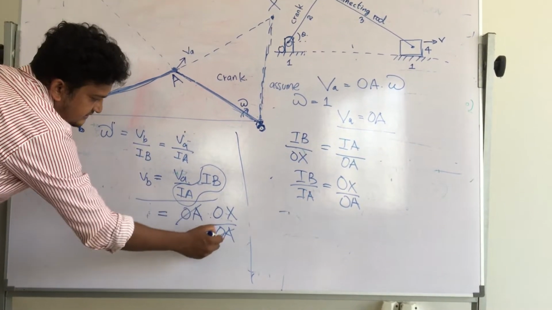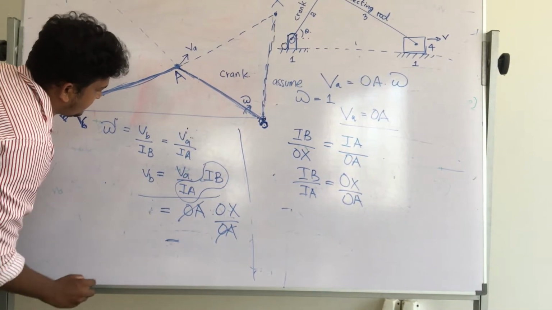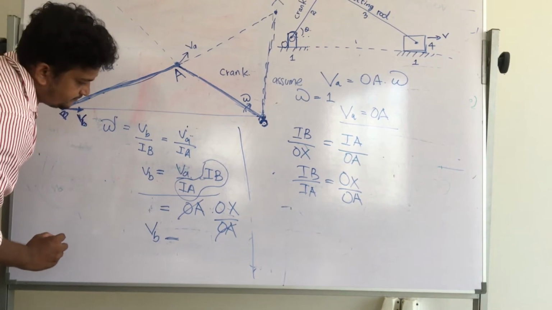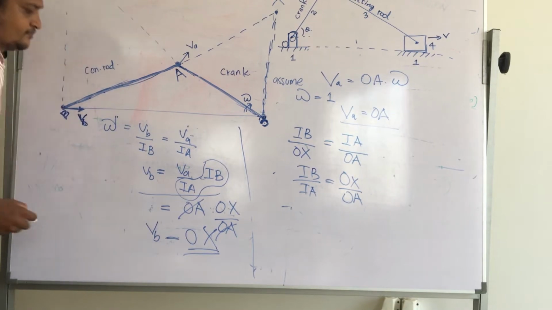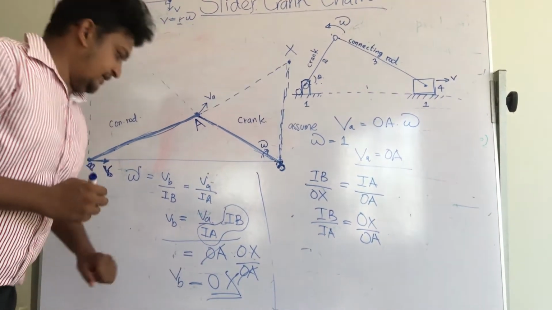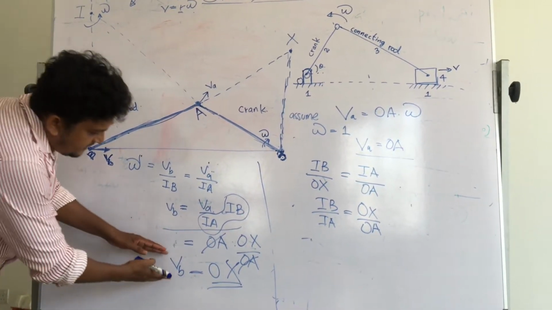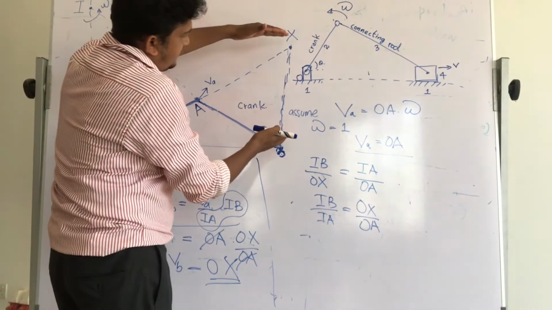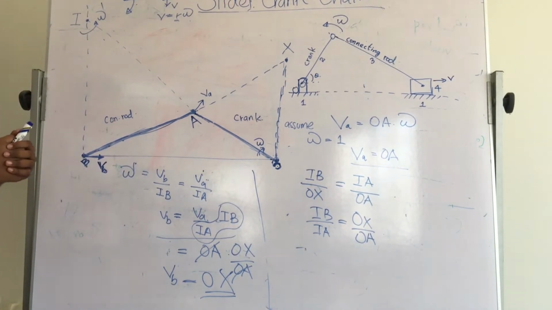This length and this length cancel out, so VB equals OX. So at a given time, VB is equal to the length of this distance. Understand?